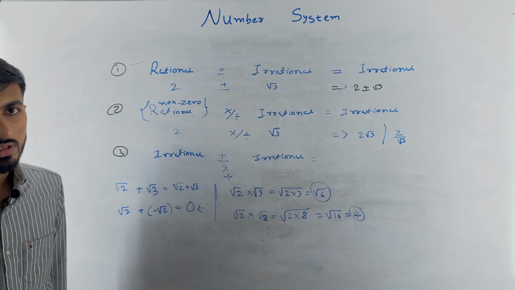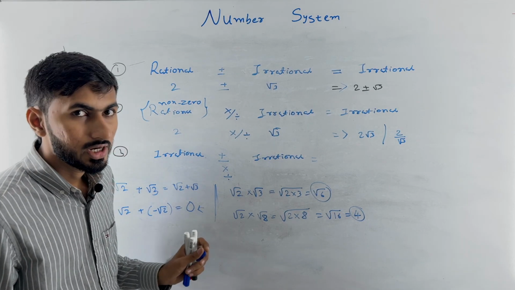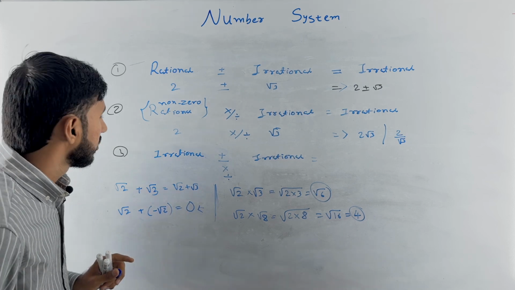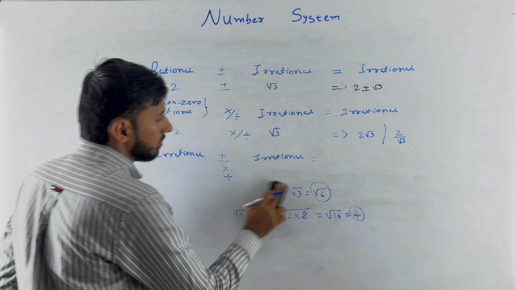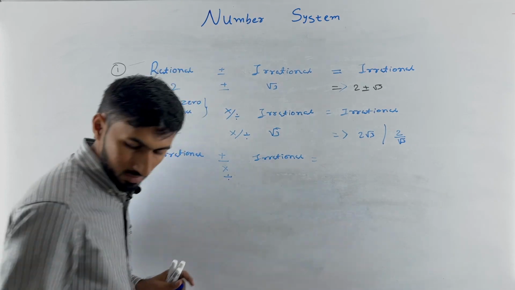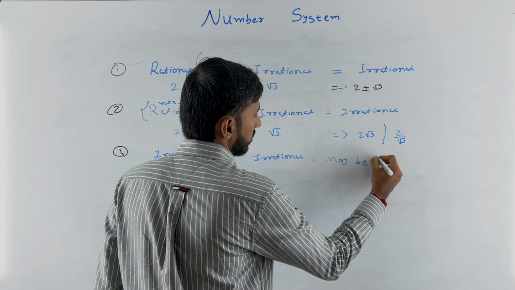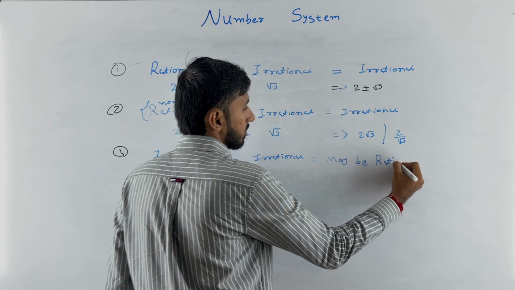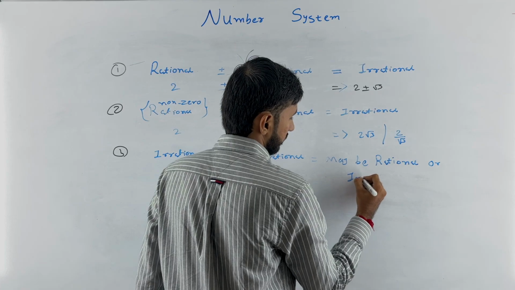Now for division, it is the same, because division is one part of multiplication. We can write division in the form of multiplication, right? So if I do operations between two irrational numbers, my answer may be rational or irrational.